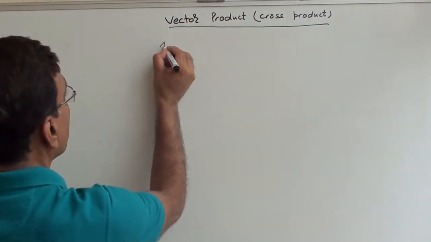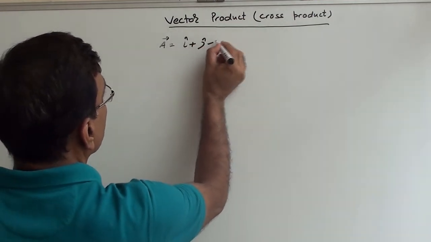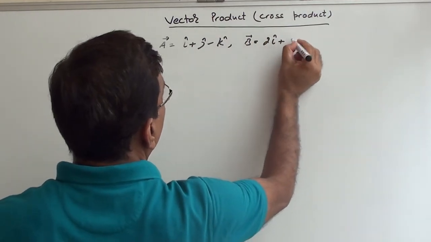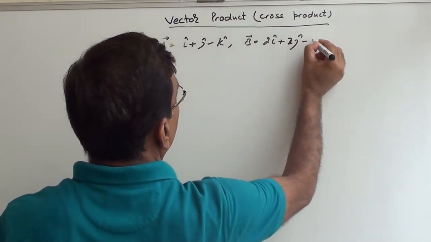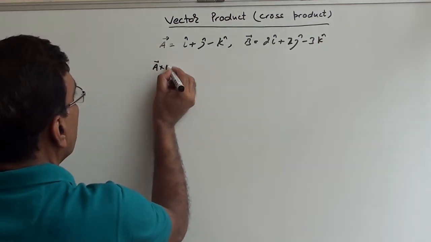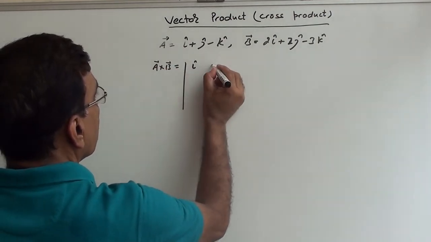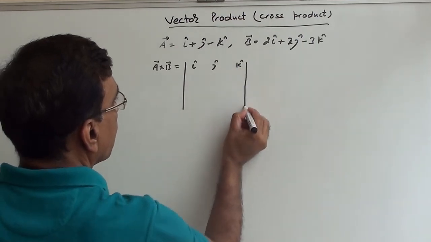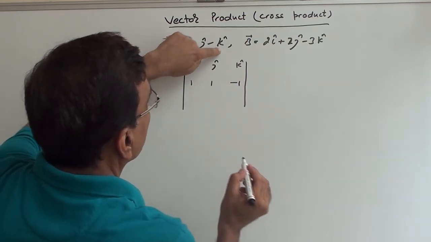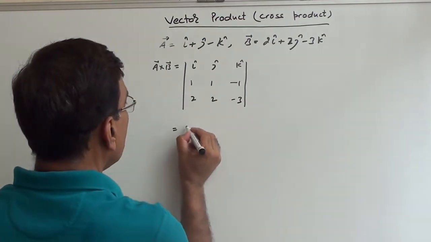Let me take a numerical example to find out the value of cross product. Say A is I plus J minus K, and B is say 2I cap plus 2J cap minus 3K cap, and I have to find A cross B. Then it is I, J, K, all 3 components of first, 1, 1, minus 1. Here 2, 2, minus 3.